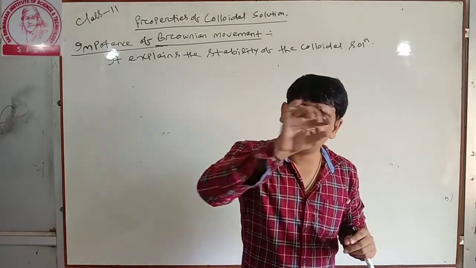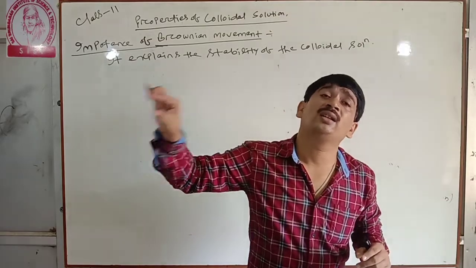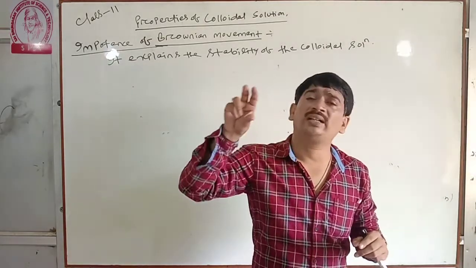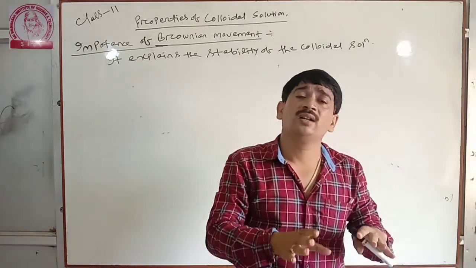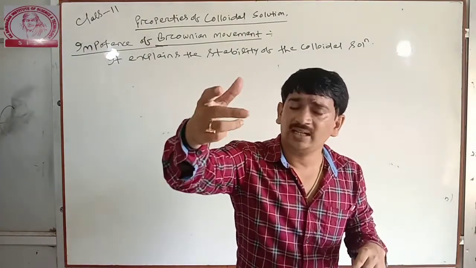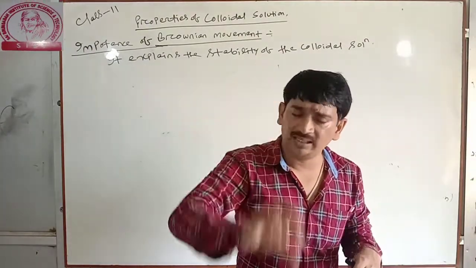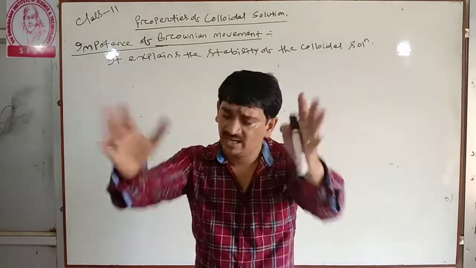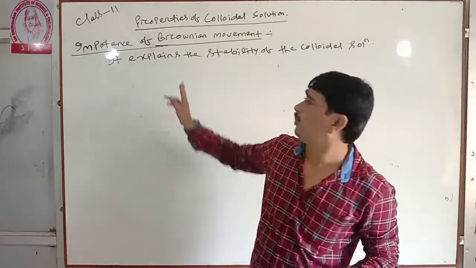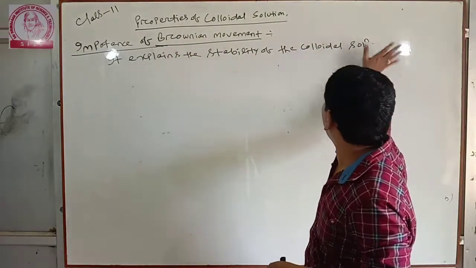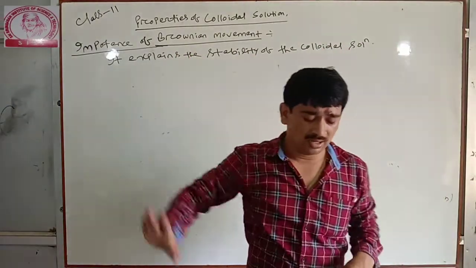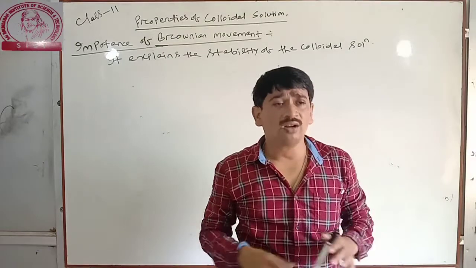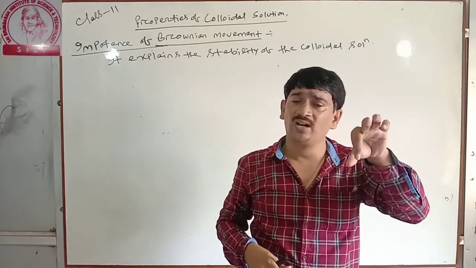As the size of the colloidal particle increases, Brownian motion decreases. As the size of the colloidal particle decreases, Brownian motion increases. Next is importance. It explains the stability of the colloidal solution.